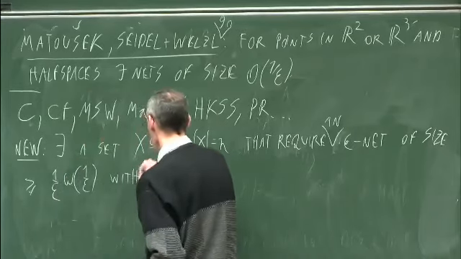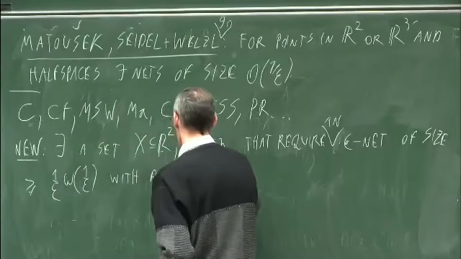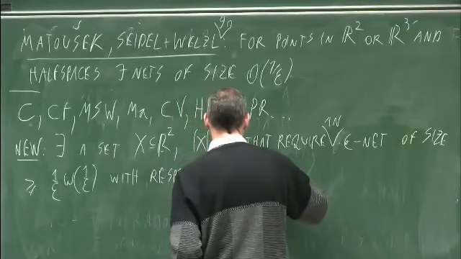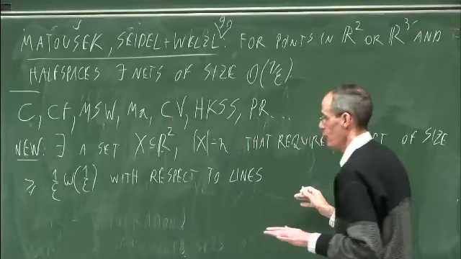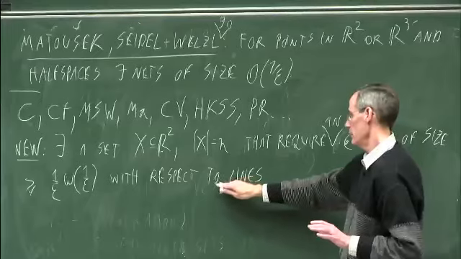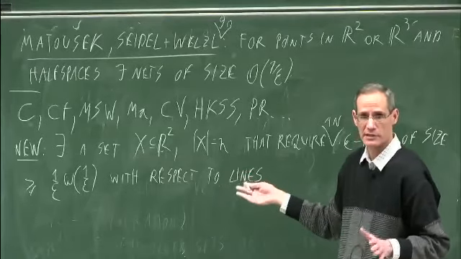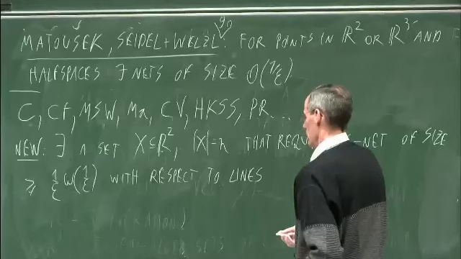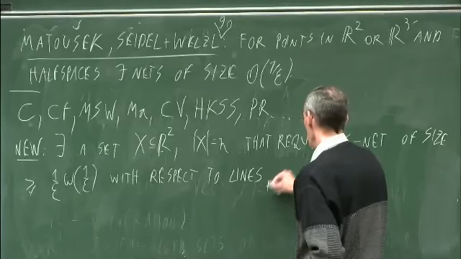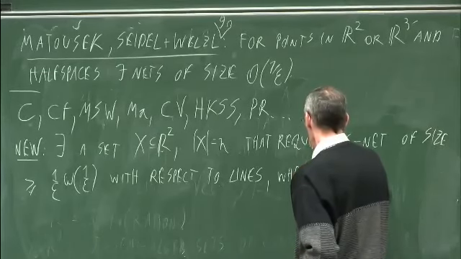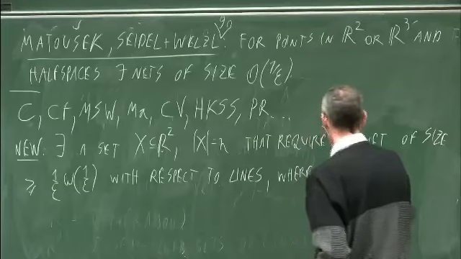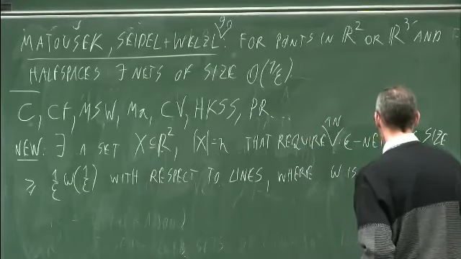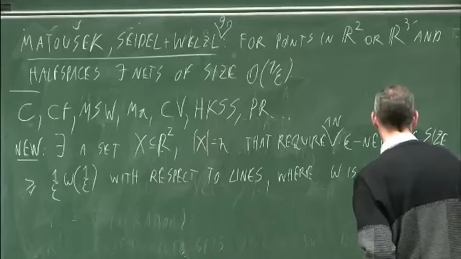I should say what this means with respect to lines. So the objects are points, the ranges are lines. This is more or less the simplest or a very simple thing that we can think about, where omega grows but grows slowly. So omega is some version of inverse Ackermann.